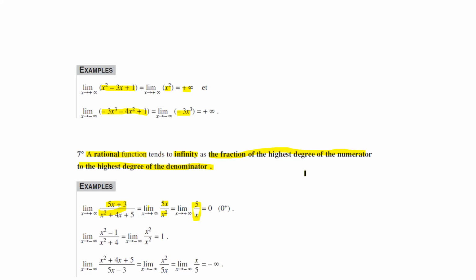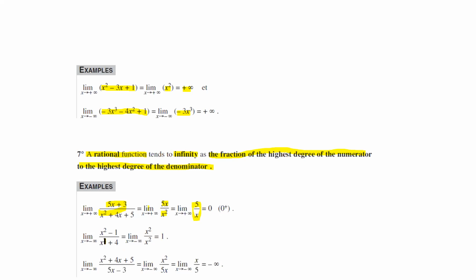Now we remove the limit and we replace x by infinity. 5 over plus infinity gives 0. Or we can write 0 plus; 0 or 0 plus is the same. Why 0 plus, not 0 minus? Because it is plus infinity, and 5 is positive. Positive over positive will give a positive.